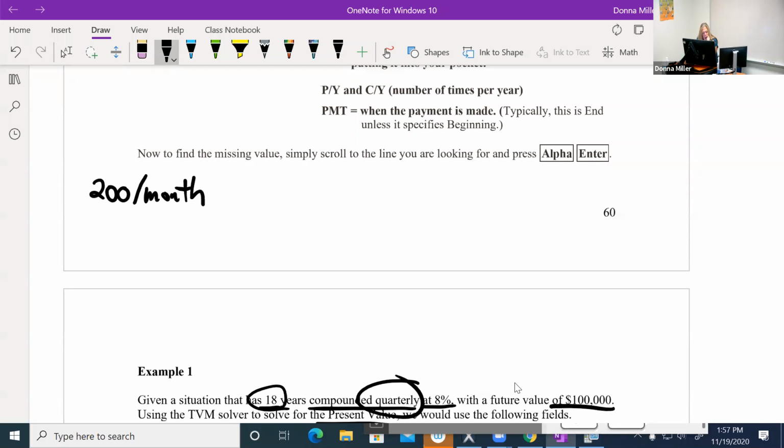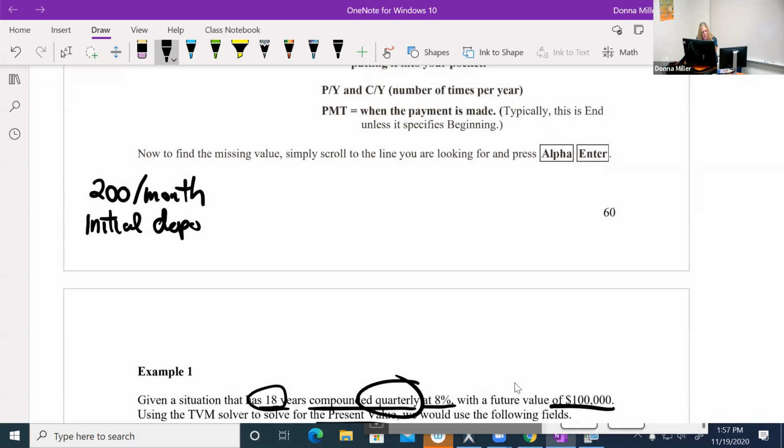Do I want to put in an initial deposit? Okay, let's do an initial deposit of $500.